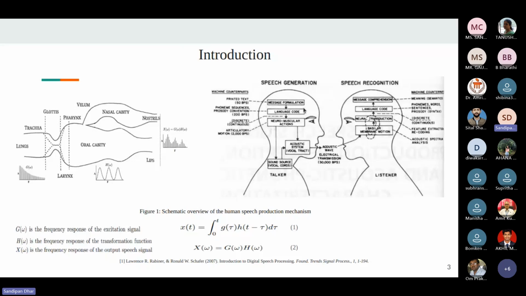Then the neuromuscular actions, and based on these neuromuscular actions, we make different places of articulation or manners of articulation, and different acoustic waves are made, and then the listener can understand what we have uttered, what the content of the message is, and this comes under the speech recognition stage. But I am mainly focusing on the speech generation part. As can be seen, speech generation can be expressed mathematically in the time domain as a convolution operation between the glottal impulse and the response of our vocal tract.